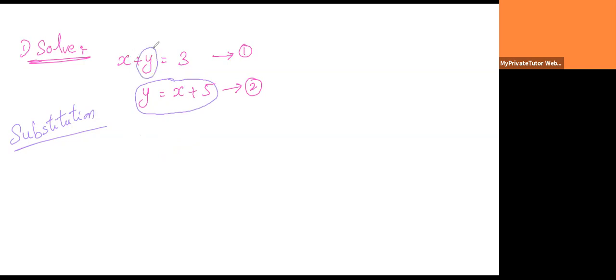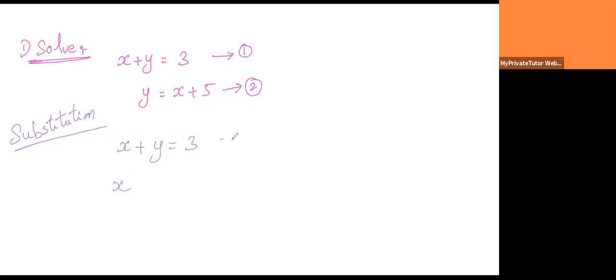So in the second equation, the y value is given. Just replace the y in the first equation with the second equation's y value, which is x plus 5.